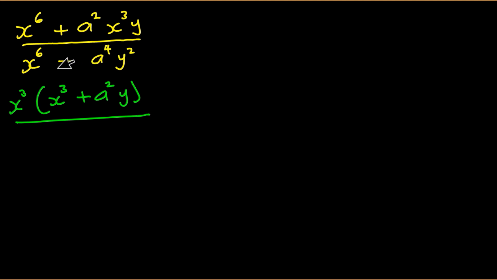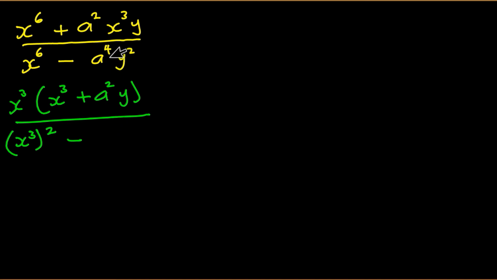So what I'm going to do here is manipulate this so that we can do cancellation. So I'll rewrite this x to the power 6 as (x^3) all to the power 2. Then I'll bring my minus sign. Then watch something here.